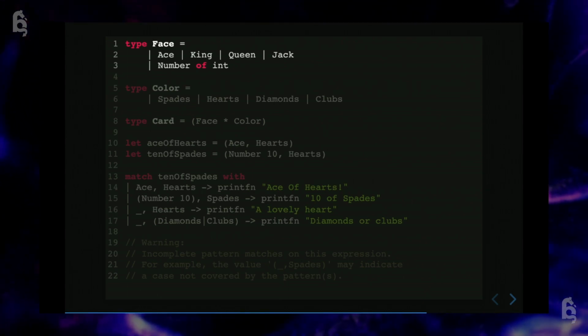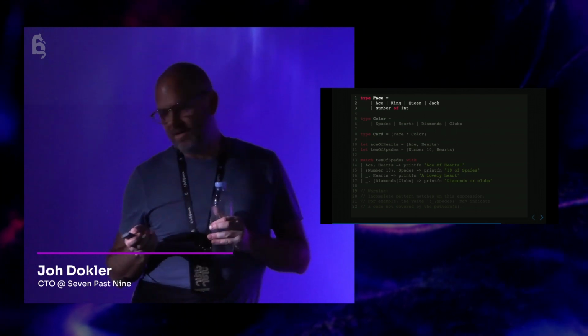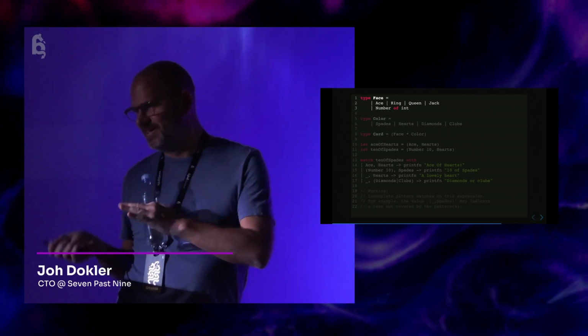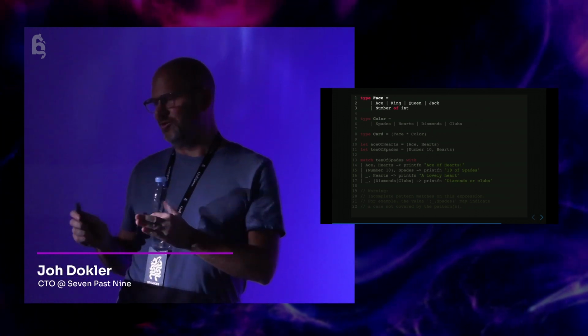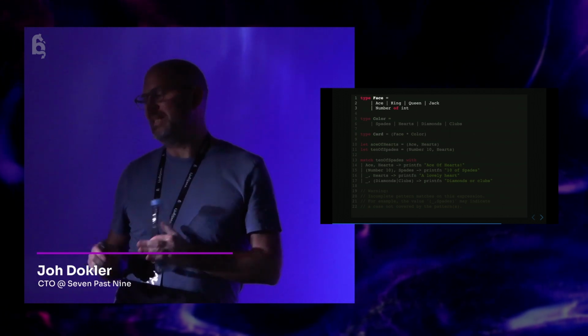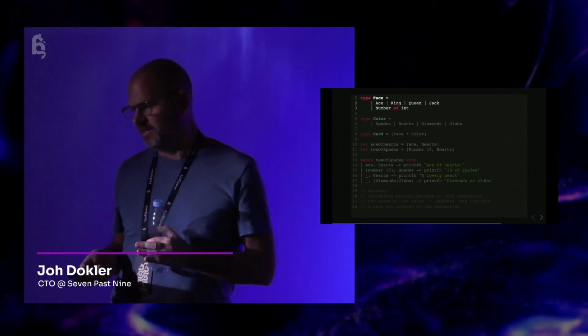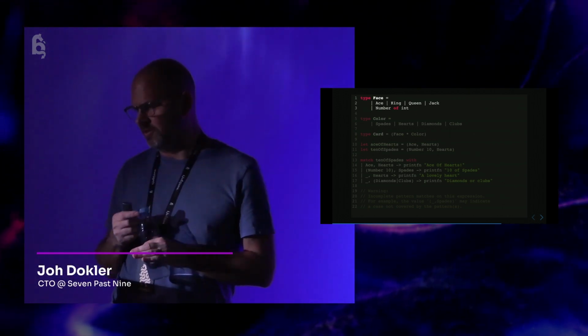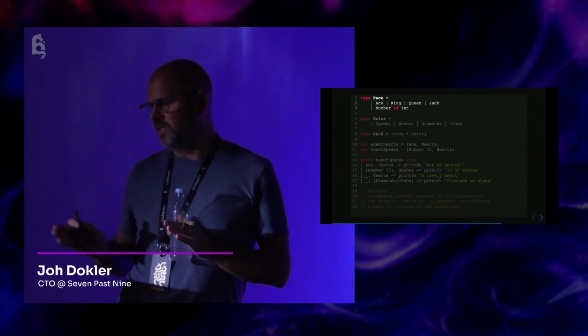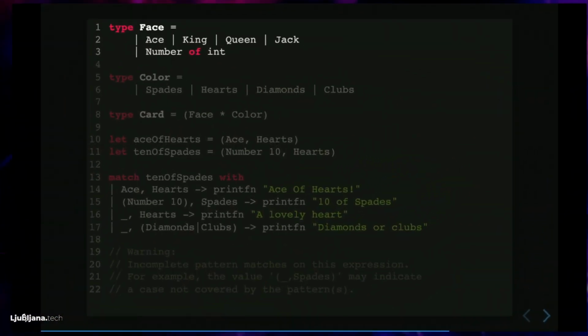It's interesting to note here that you cannot really specify that the number is only allowed in the range of 2 to 10. But there are languages where you can even do that. Unfortunately, not F#. But anyway, so a face can be one of these 5 options.